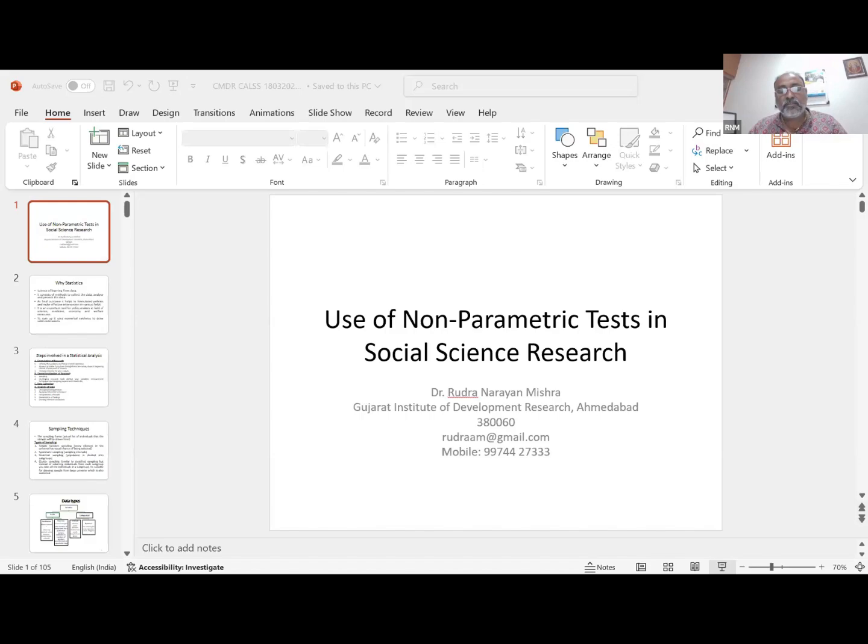So that's how the research constraints are universal, and to overcome these constraints, sampling is one of the very important ways to collect data from a vast population or unknown population.